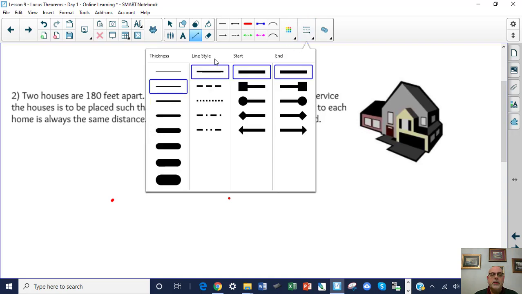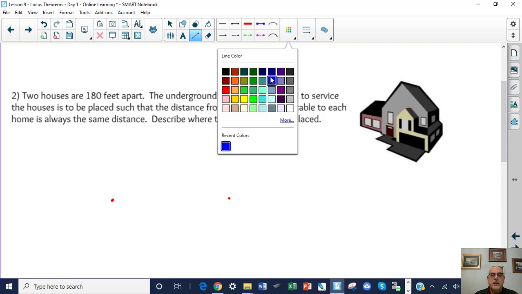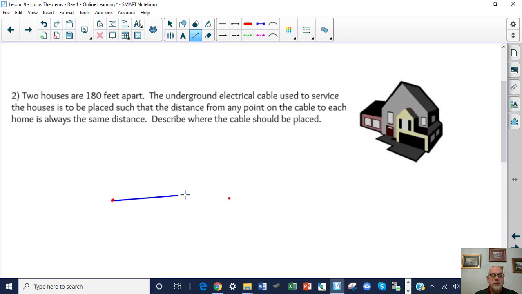Well, that's going to be the perpendicular bisector of that line segment that will join those two houses. So if we join them, come on, let's join them. It's easier to move the point than, there we go. Okay. So it will be the perpendicular bisector of that segment.